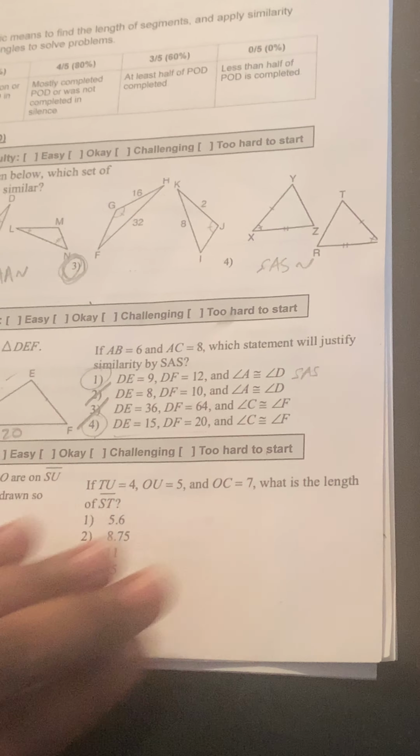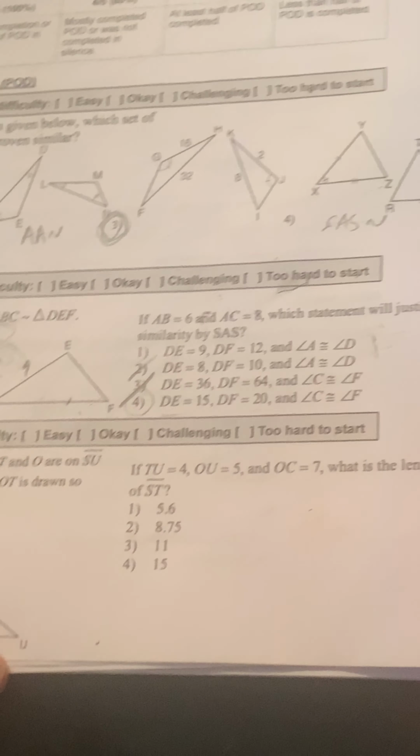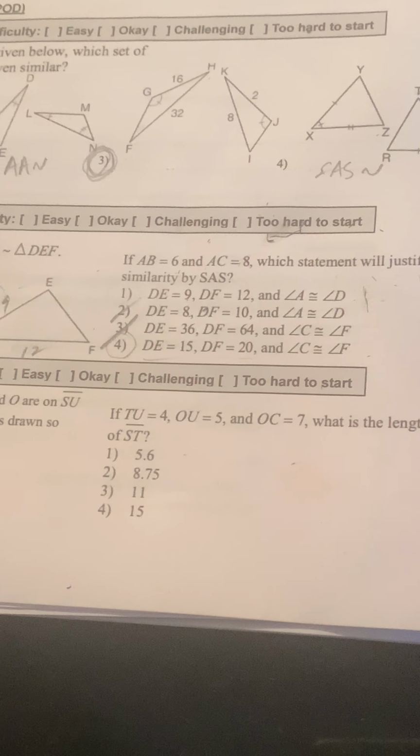So let's go back up to question number 1. All right. Let's look at it again. So if DE is 9 and DF is 12, right?